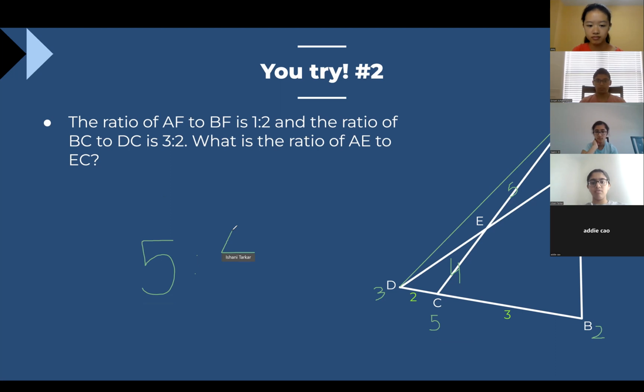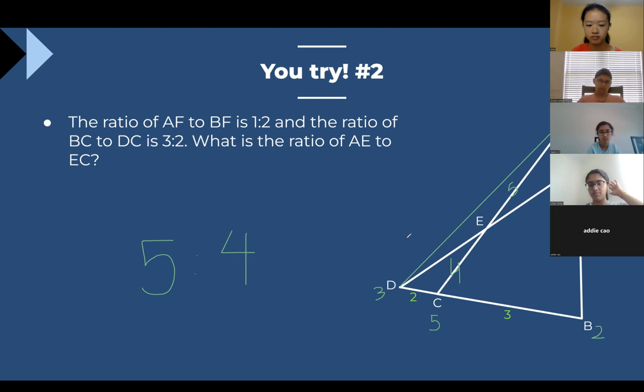For those of you who got 5 to 2, perhaps when you put B as 2, you forgot that 2 times 2 should equal 1 times the mass of A, and you just put 2 there.